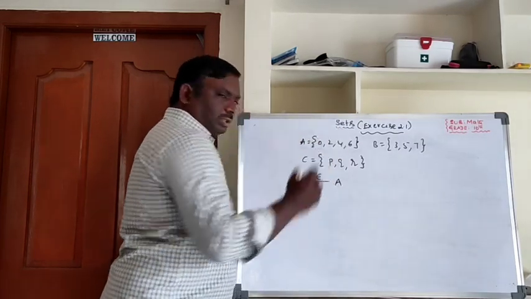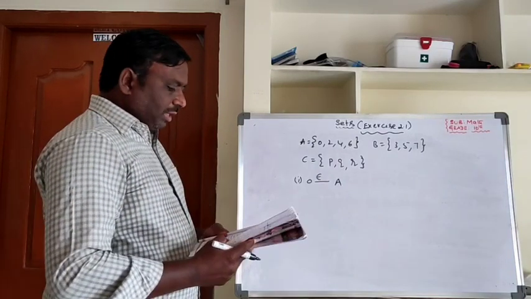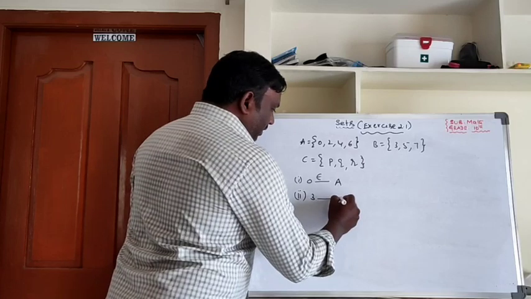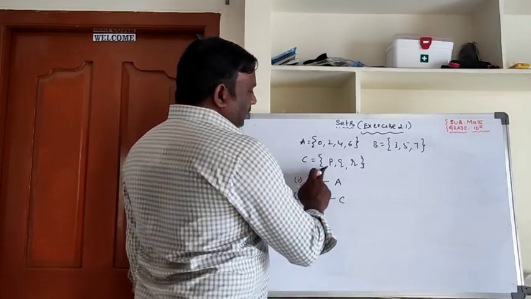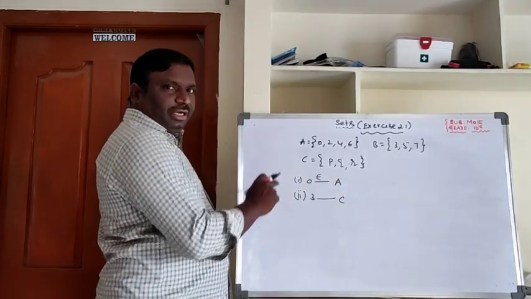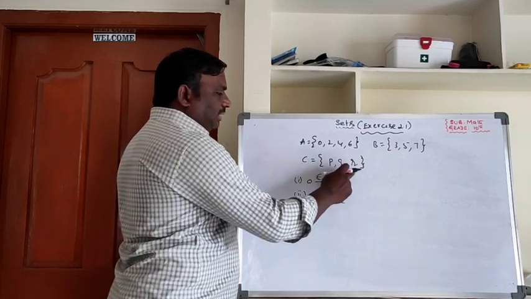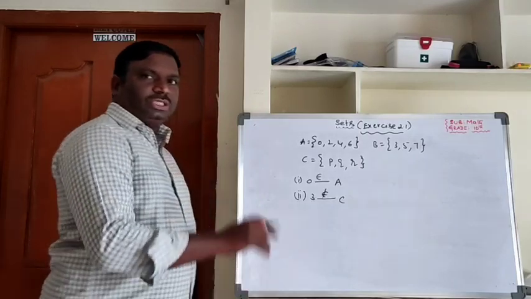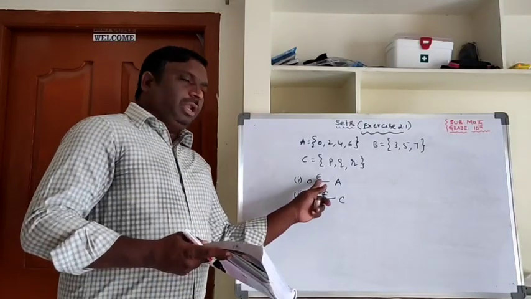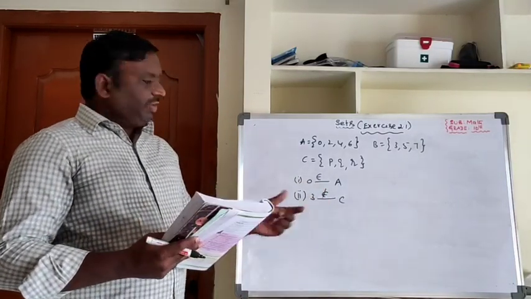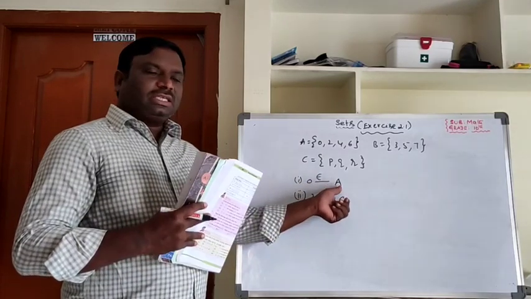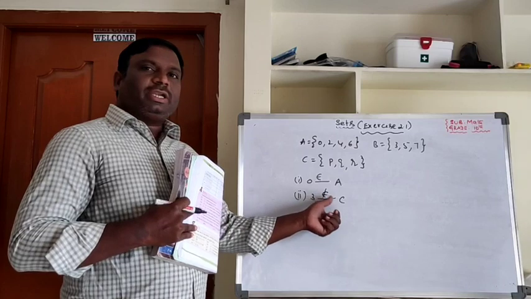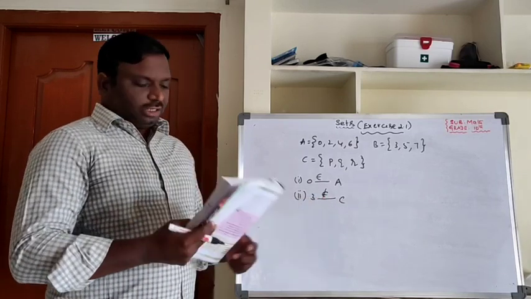Yes, it belongs to set A. Like that, 3 dash set C. In set C, there is no element 3. That's why it does not belong. So you can just fill the blanks with belongs to or does not belong to. If it belongs to that particular set, use the symbol belongs to. If it does not belong to the particular set, use does not belong to.